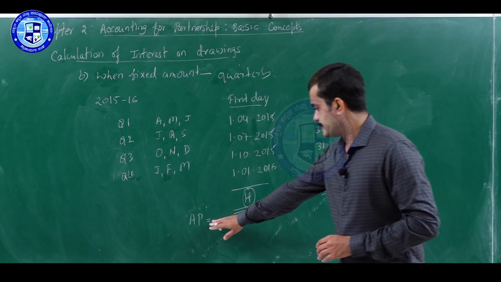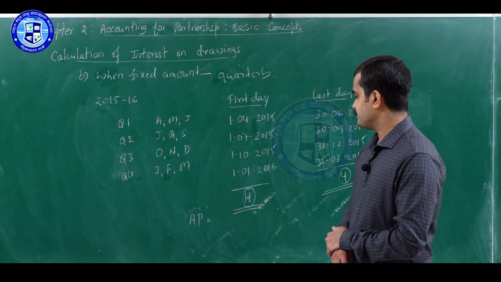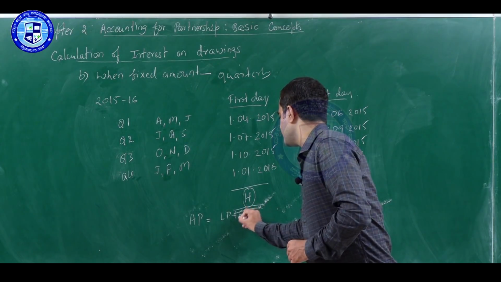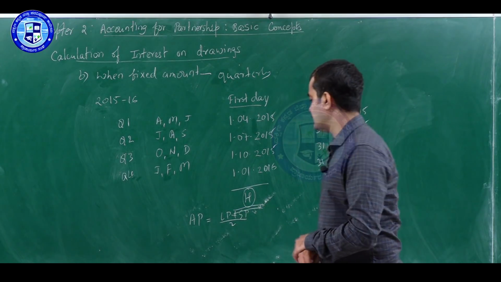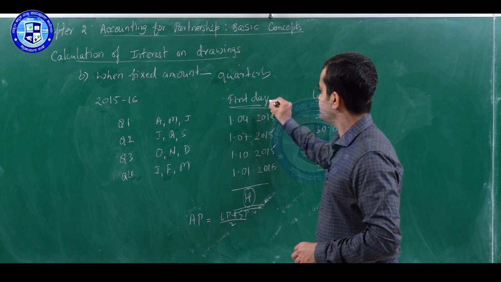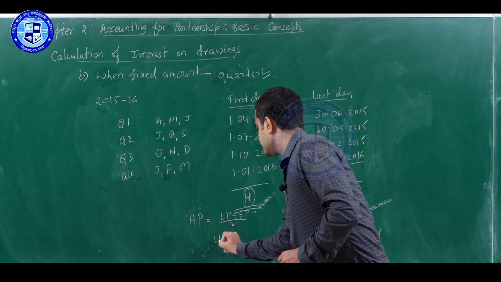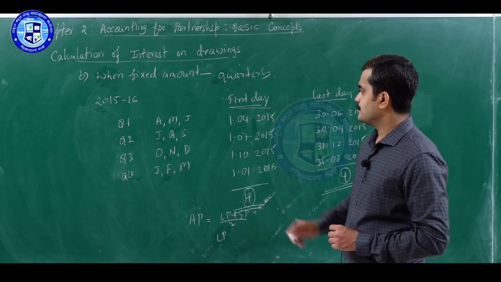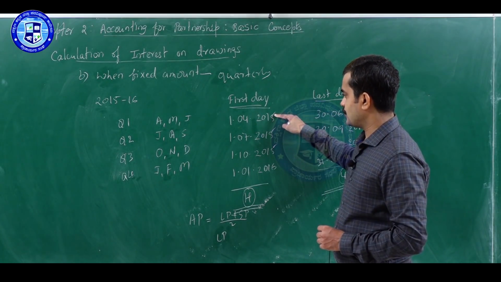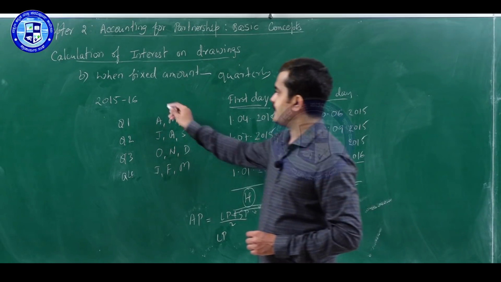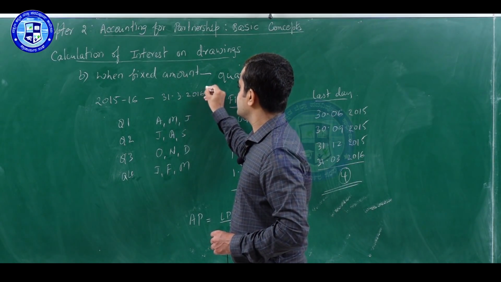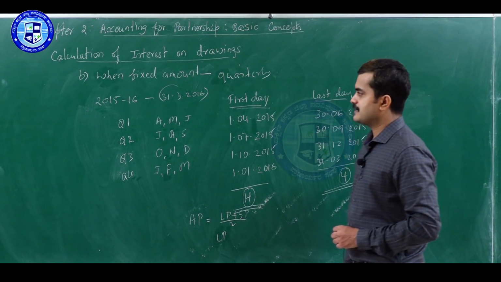So, looking at the average period here, longest period plus the shortest period divided by 2. So, under this case the longest period will be from the date of the first withdrawal to the last day of that accounting period, 31st March 2016. So, how many months are there?